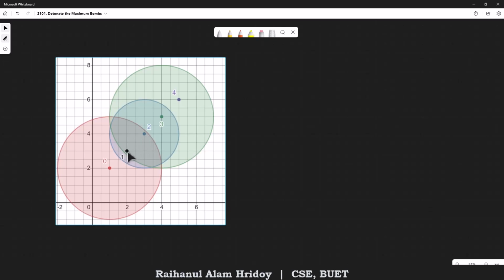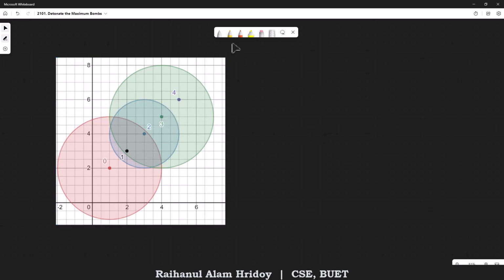So bomb 1 will blast, then bomb 2 will blast. In bomb 2's radius there's bomb 3, and in bomb 3's radius there's bomb 4. So all of the bombs will blast.